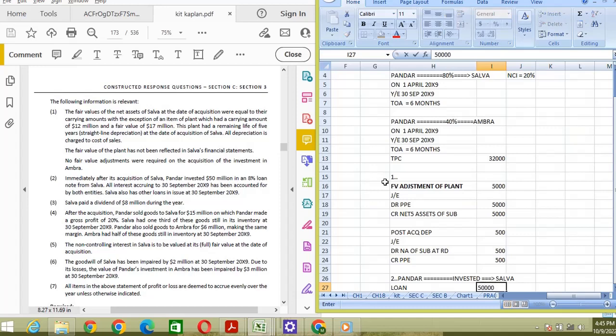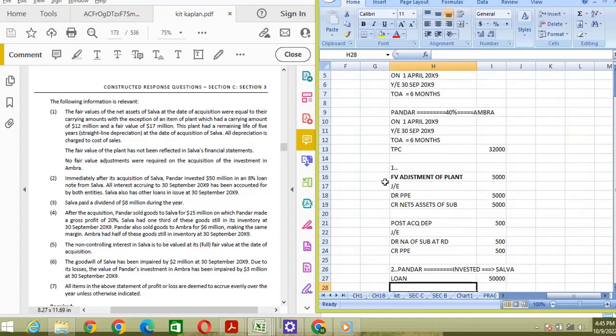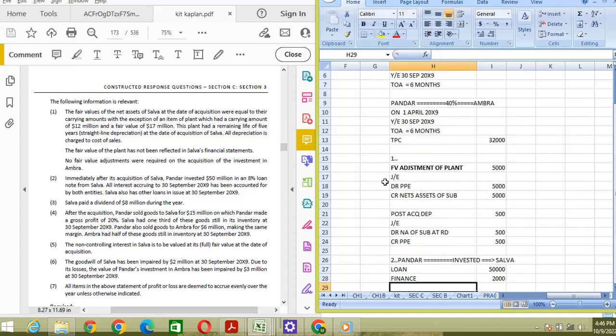We will take 000, so it means 50,000, and the finance cost is this multiplied by 8% into 6 divided by 12. We will do 6 by 12 because 8% is for the whole year. Okay. Now this is done. So next point is what?